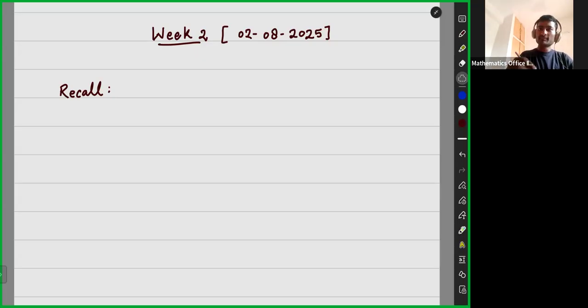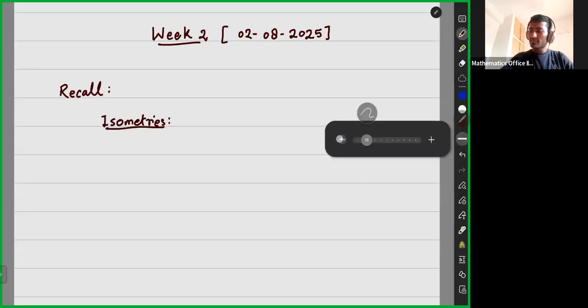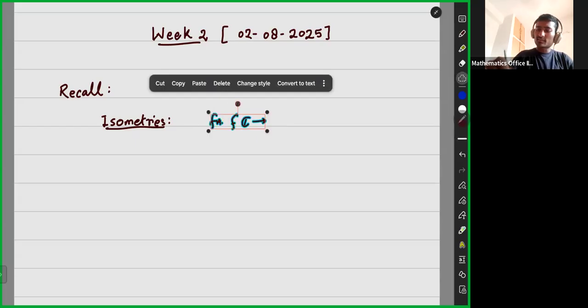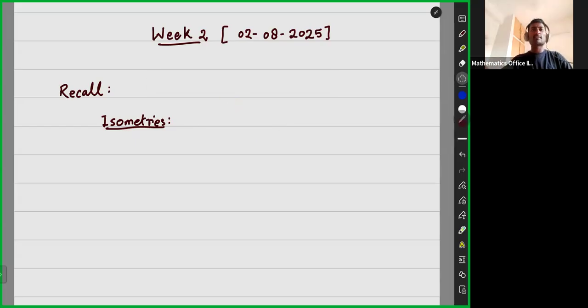So the first part is about isometries. What are isometries? Isometries are basically functions from C to C such that if two points are, let's say, delta distance away, their images are also exactly delta distance apart.